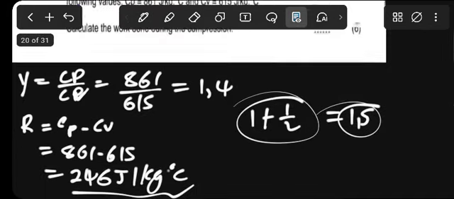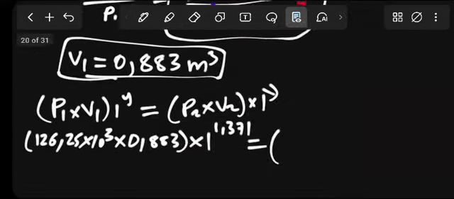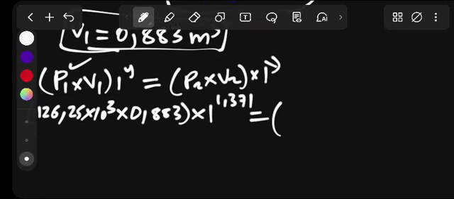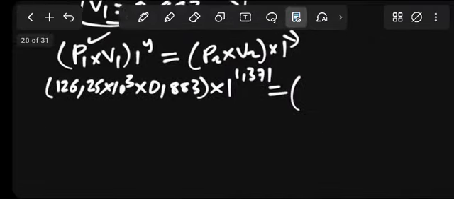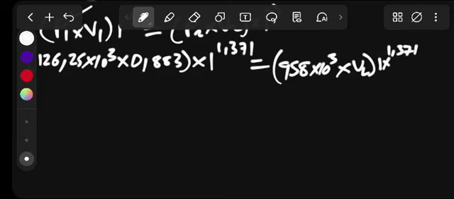Let's check pressure 2 there. Our pressure is compressed to 958 kilopascal. Since we have used pascals, we are supposed to convert that: 958 times 10 to the power of 3, multiplied by V2, which we don't know, raised to the power of gamma, 1.371.